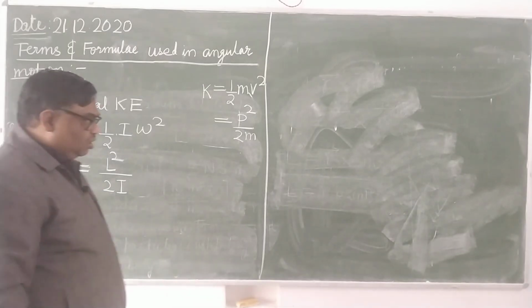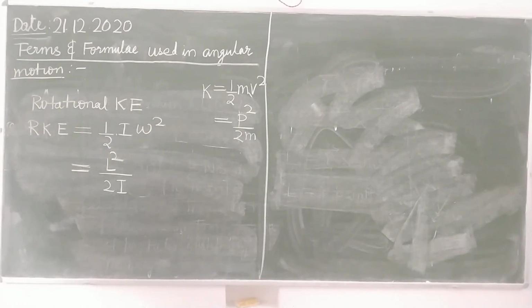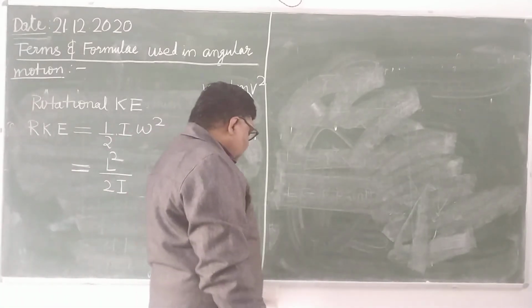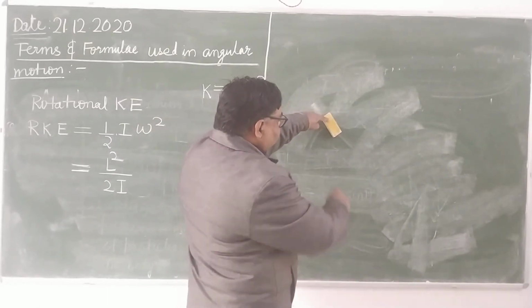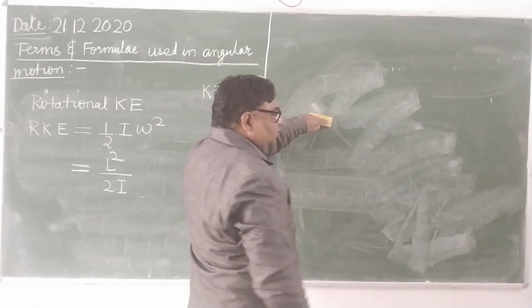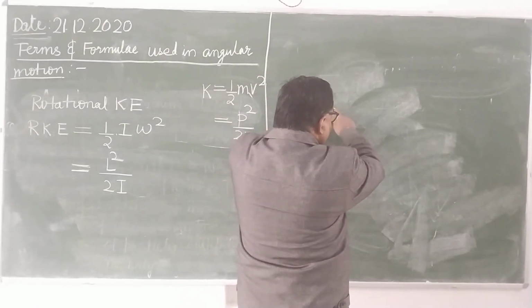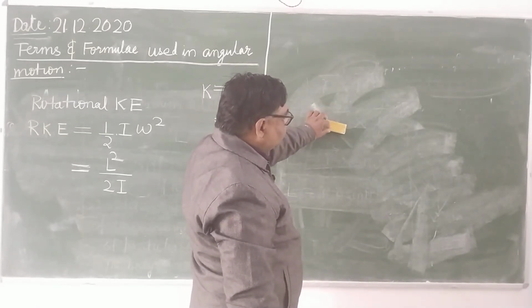Now suppose there is a body performing rotational motion as well as linear motion. You can see what the difference is here. When this body, suppose this duster, is rotating, the body describes angular motion, but its particles describe angular motion as well as linear motion.